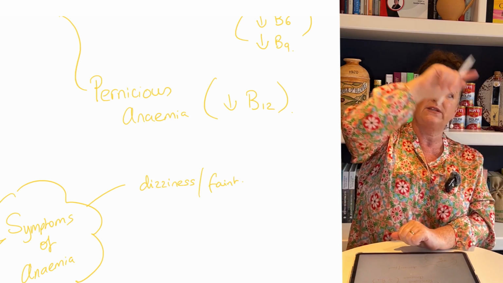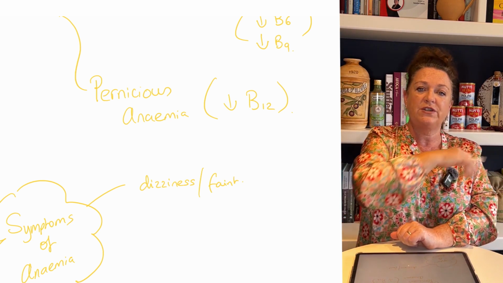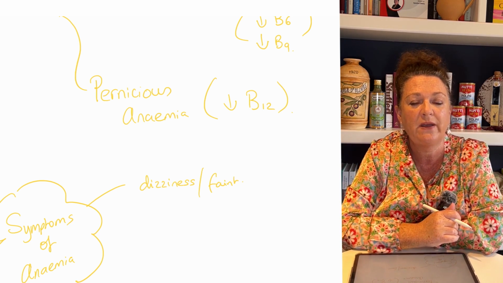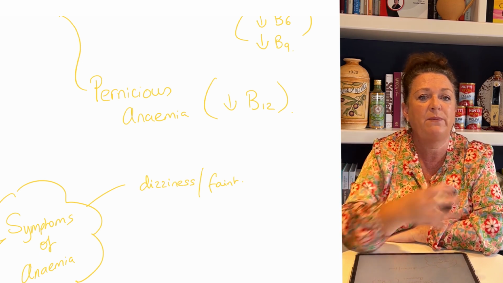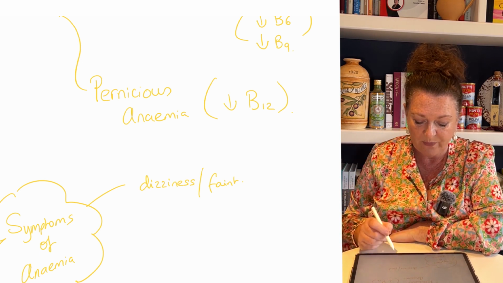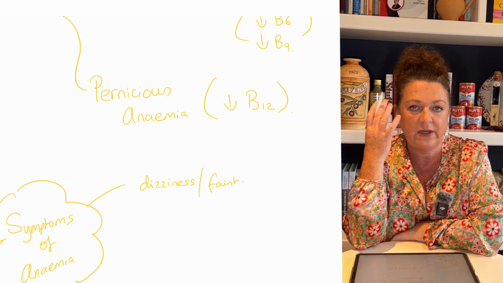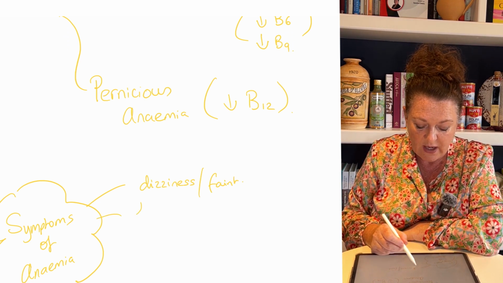And remember, we said the oxyhemoglobin goes around the body, handing over the oxygen to the various cells and tissues in the body, and then comes back to the lungs again, diffusion of gases, and picks up more oxygen, etc. So if there's a lack of oxygen, particularly to the head, this will lead to the dizziness or faint.